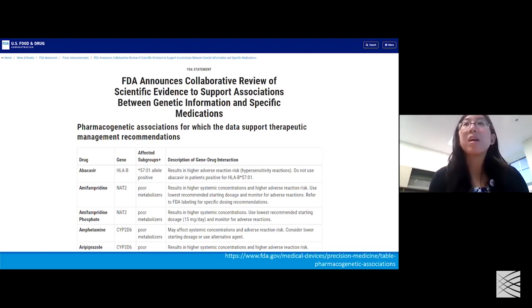This is a small fraction of the list, limited to pharmacogenetic associations related to drug metabolizing enzyme gene variants, drug transporter gene variants, and some related to adverse events. This list will continue to be modified and updated as new evidence arises.